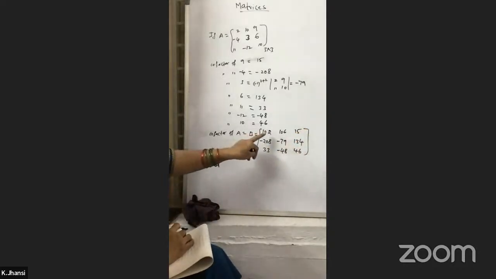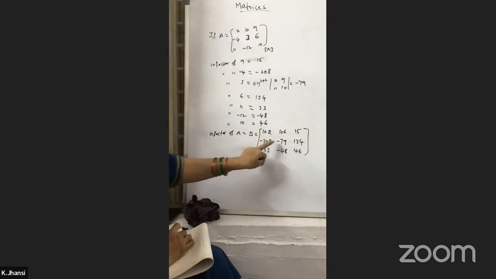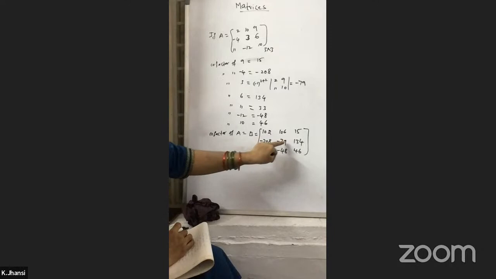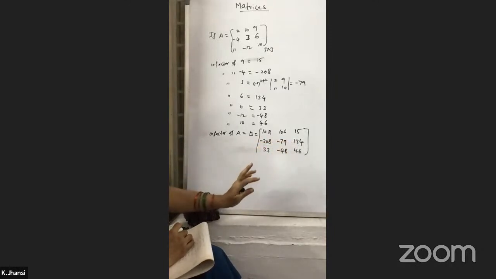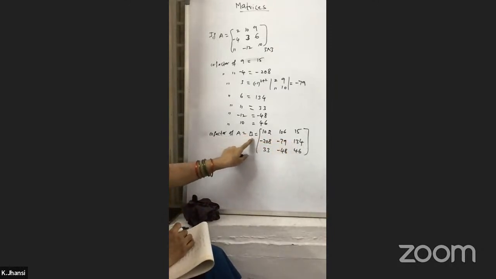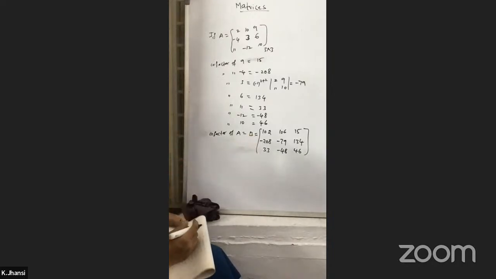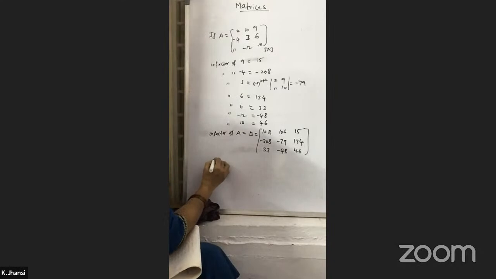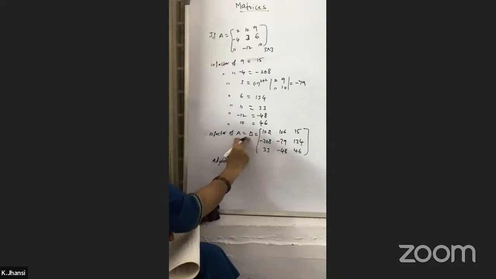Okay. Like this, each and every cofactor you have to write in the matrix. First element, second, third, fourth, fifth, sixth, seventh, eighth, ninth. Okay. This is the cofactors of A. We are calling it as one matrix. That matrix is B. Okay. So then adjoint of A is equals to transpose of this one.